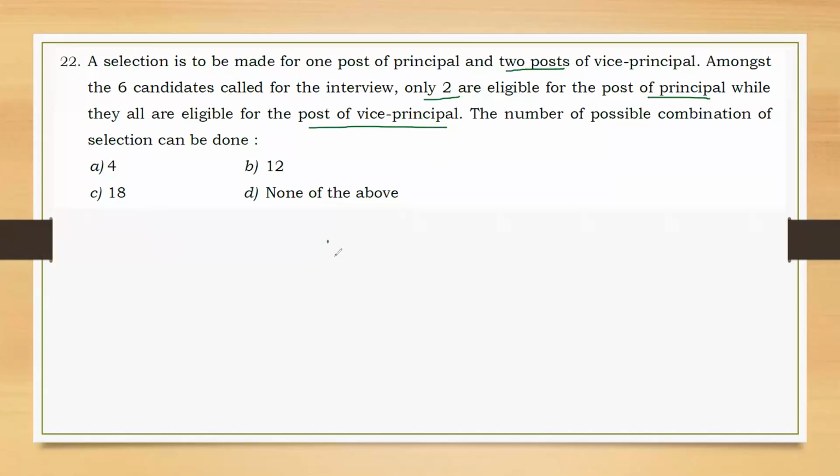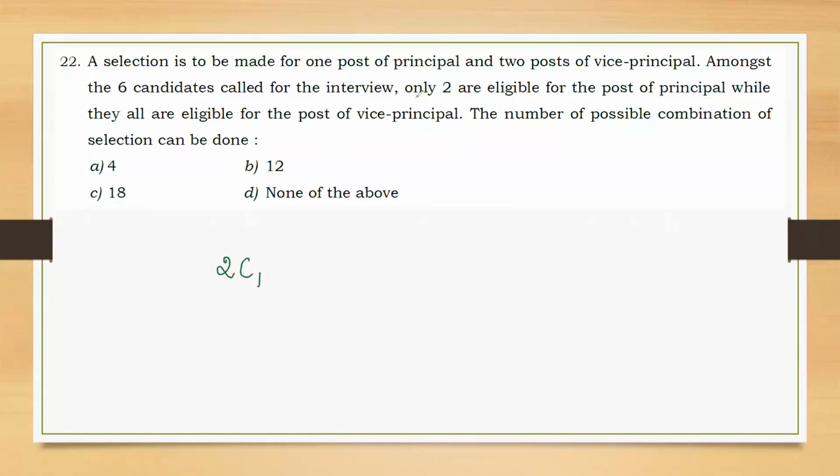Out of 6 candidates, you select first vice principal. Suppose we know that there are only 2 eligible candidates for principal. If both of them went for vice principal, then for principal there will be no eligible candidates, right?